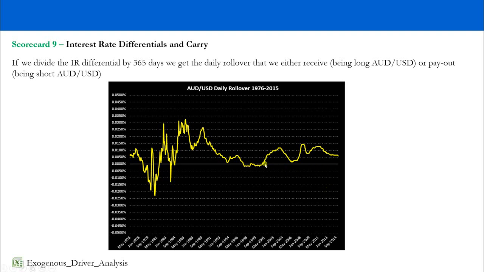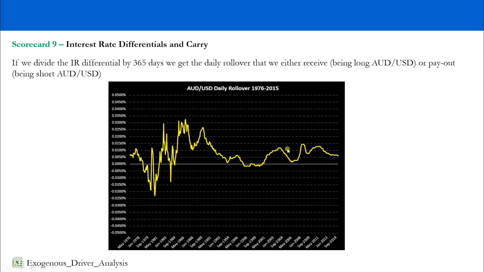So you can see here in the period from the late 90s to present day, we've had a positive carry being long Aussie dollar, US dollar. And we had a negative carry here from the mid 90s to the late 90s, so small negative, which we would have paid out if we were long Aussie dollar, US dollar.